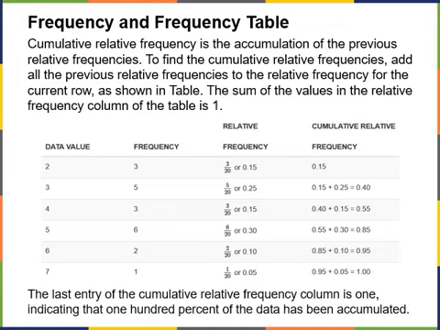Your cumulative relative frequency is the accumulation of the previous relative frequencies. So to find the cumulative relative frequency, all I do is add all the previous relative frequencies to the relative frequency for the current row.